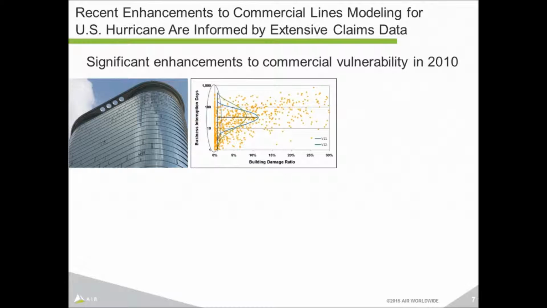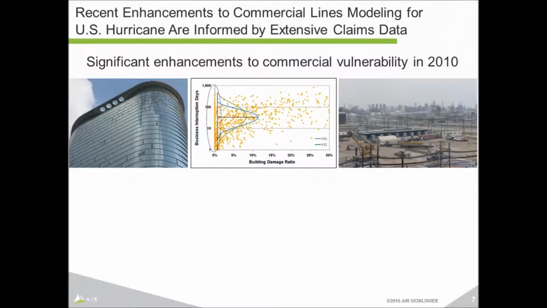Next, we refined our treatment of business interruption, building on updates that were made in 2007, increasing the spread of potential downtime around mean estimates for business interruption to better reflect the variability inherent in business interruption losses. And finally, we introduced an industrial facilities model to better reflect the vulnerability of large industrial facilities such as chemical plants or heavy fabrication facilities to wind and storm surge.